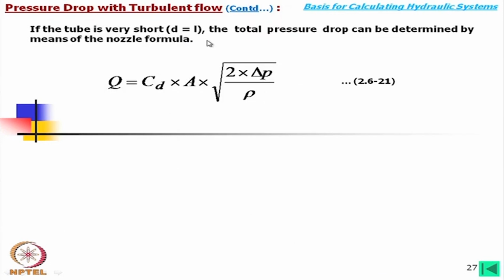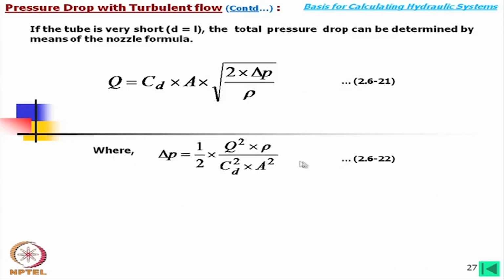Now, all these pressure drops are along the length, but we have to determine the pressure drop at the ends separately, which is given by these equations. These are only the orifice equations as you find, in a modified form.